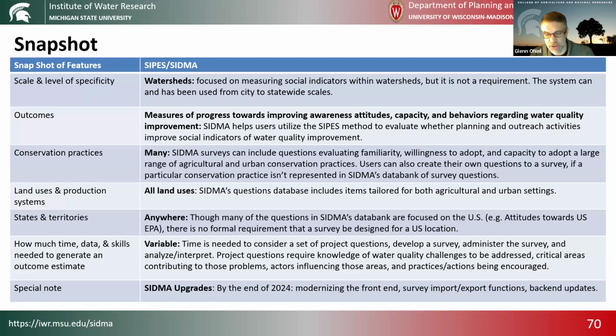With regards to the indicator scores, it's a little more complicated, but the math is still pretty straightforward. And as I demonstrated in the demo, for each indicator, you can see exactly where SIDMA's pulling questions from, how it's calculating scores, and you could replicate that yourself offline with some time and patience.